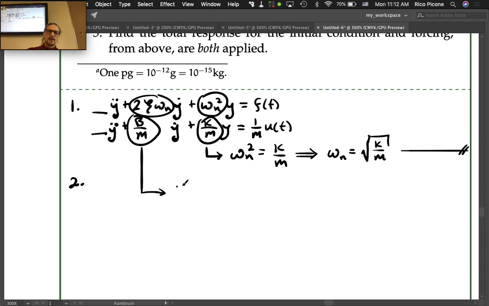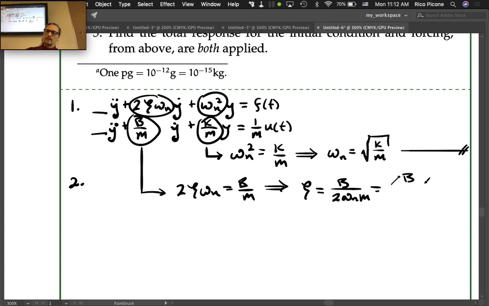We can say that 2 zeta omega n is equal to b over m, which, if we solve that for zeta, gives us b over 2 omega n m, which, if we plug omega n in, is b over 2 square root of k over m times m.